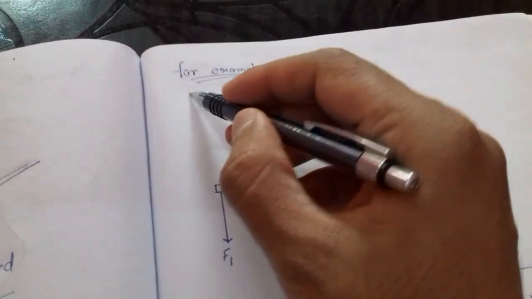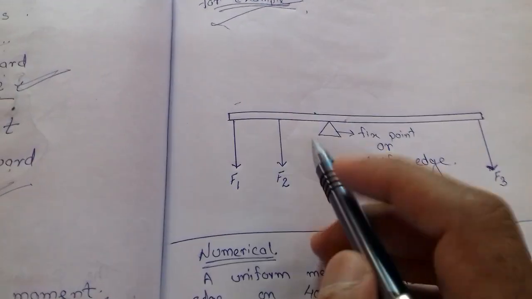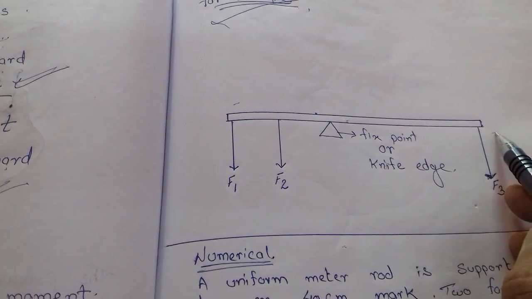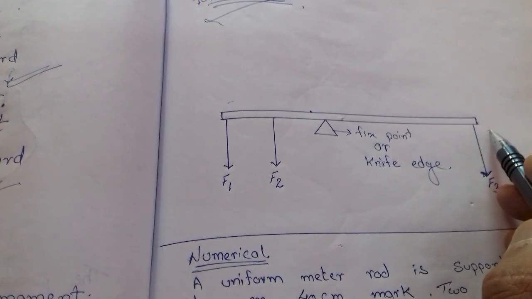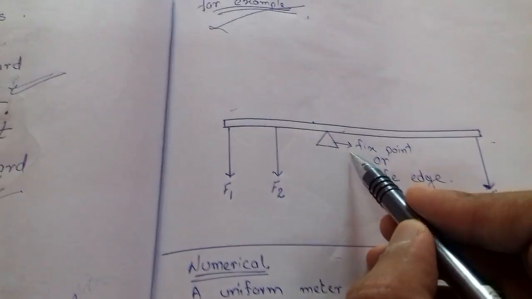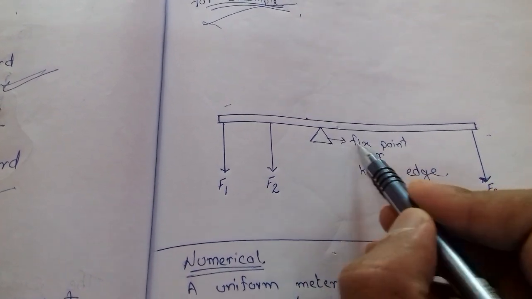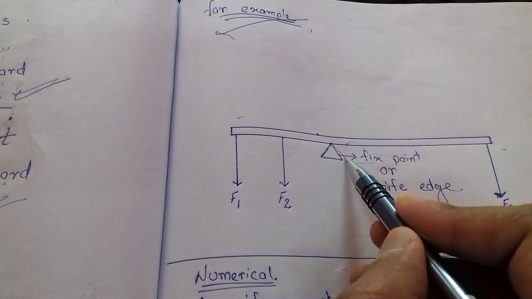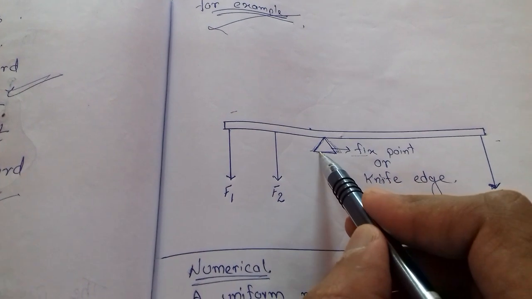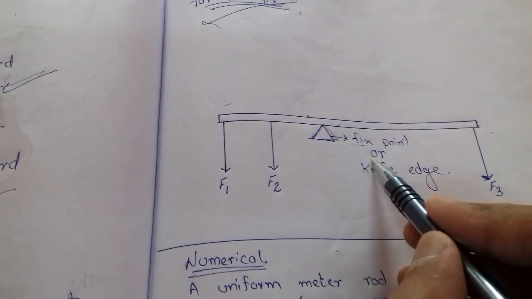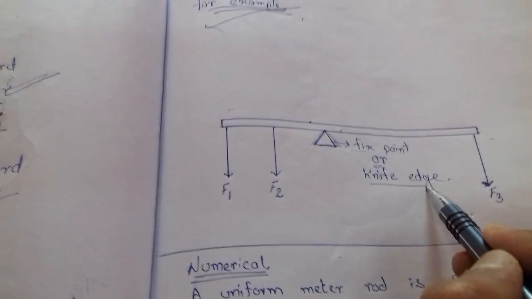We will understand this more clearly with the help of one example. See this example. There is a uniform rod which is pivoted or supported at this knife edge. This triangular portion is known as the fixed point, or you can say a knife edge.